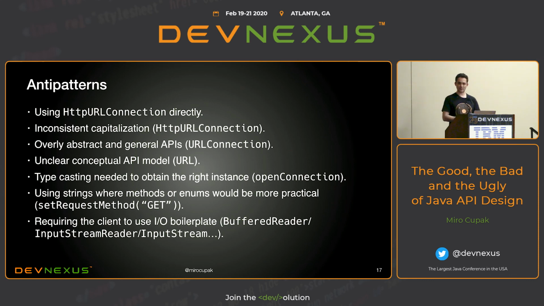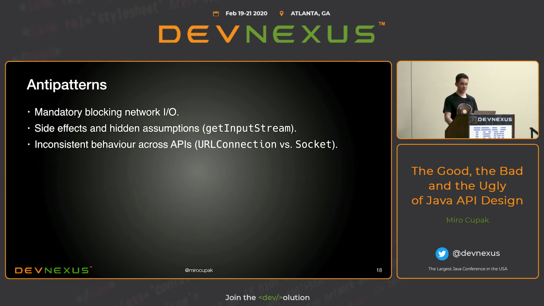Remember how just to read a line from a connection, I had to obtain an input stream from the connection, then wrap it in an input stream reader, wrap it in a buffered reader. Not pleasant to do. Speaking of IO, mandatory blocking IO is also a problem nowadays. The old API works in blocking mode only, so one thread per request response, which maybe that was an acceptable practice at the time, but nowadays this could be considered an anti-pattern.